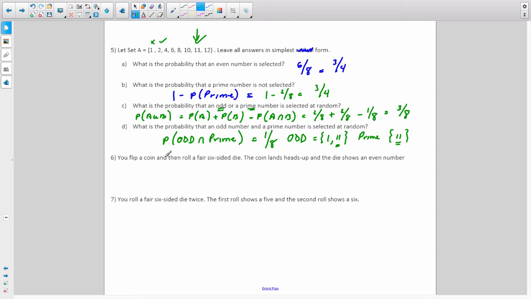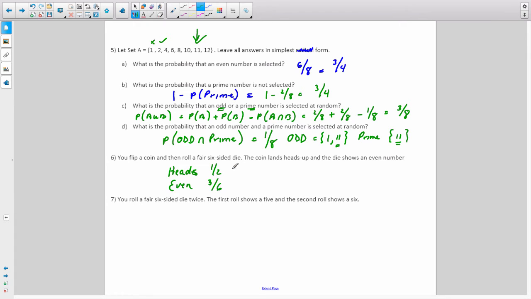And let's take a look. You flip a coin, then you roll a fair die. You want to find the probability of heads. Okay, so heads is a half, 1 out of 2. An even number is going to be 3 out of 6.